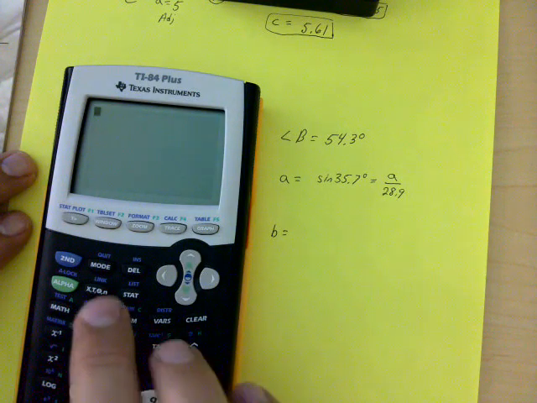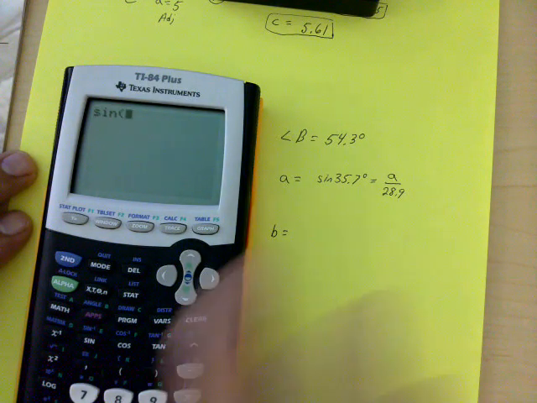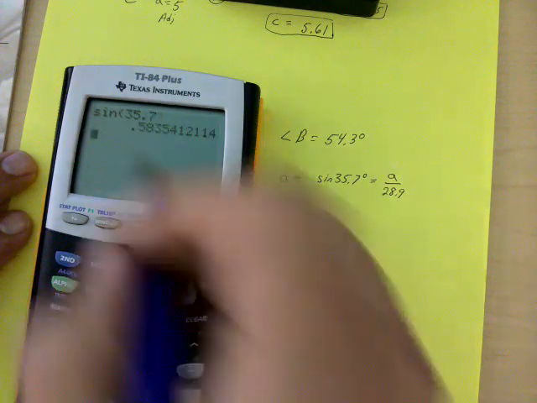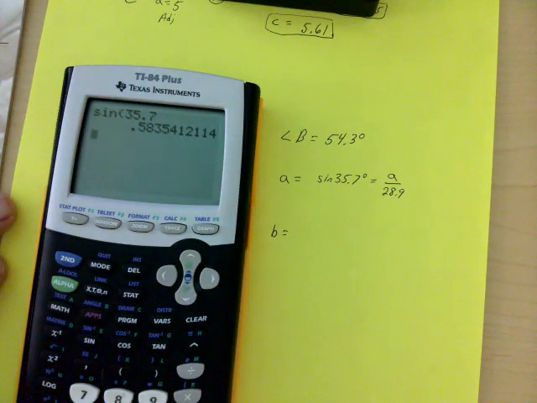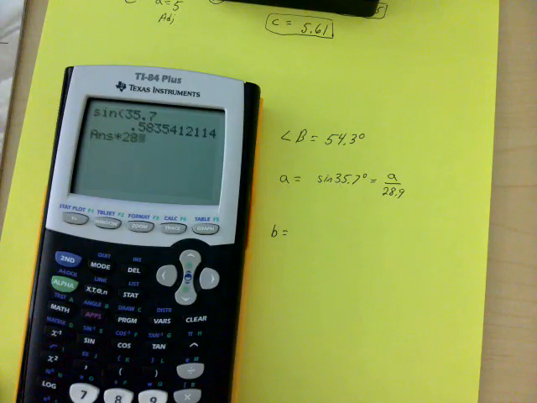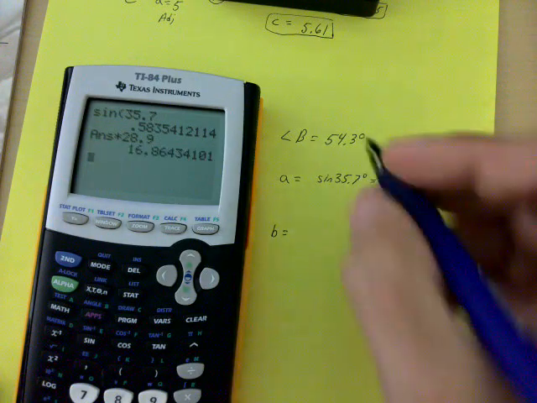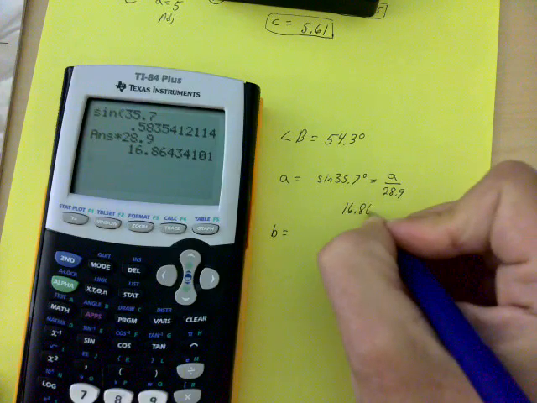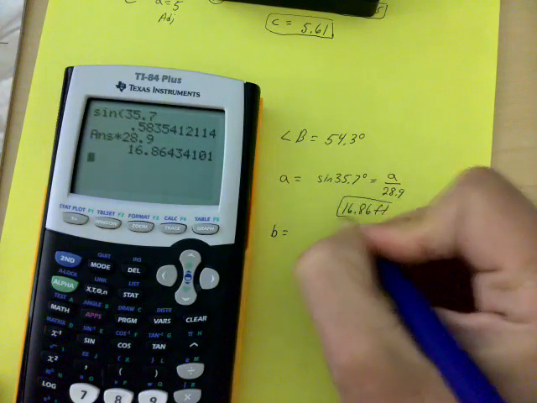It can easily tell us the ratio, the sine of 35.7. It's 0.5835, and all I'm going to then do to solve for A is multiply by 28.9. So it's about 16.86 feet.